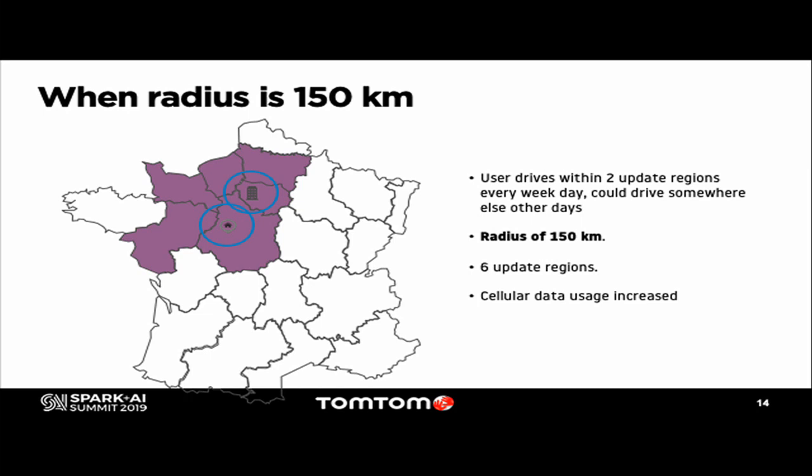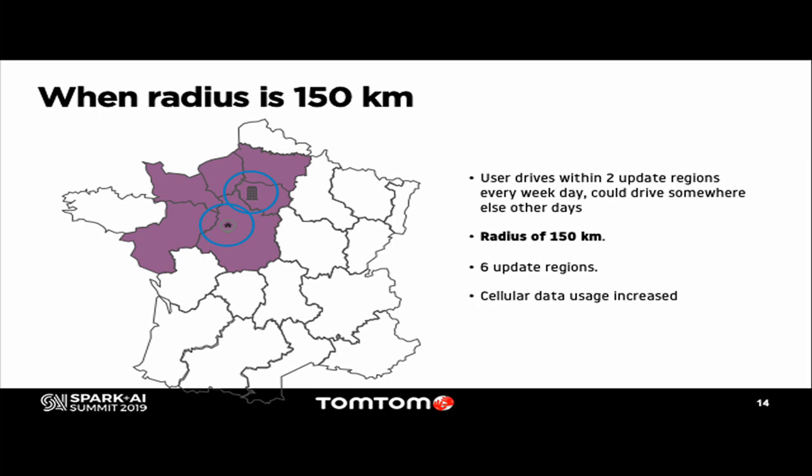You have someone living in the center of the blue circle at the bottom, and commuting to work to the center of the other circle, right? And if you have this strategy of updating the regions of the map that are within this 150 kilometer radius, the purple regions are the ones that are being updated.